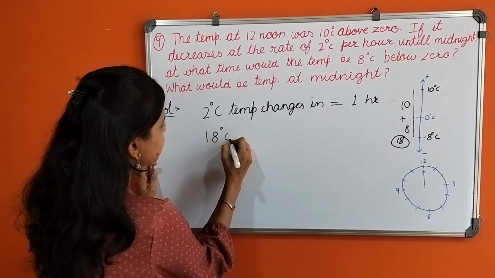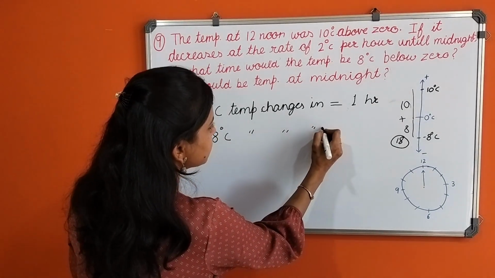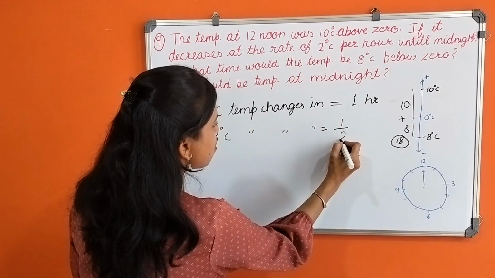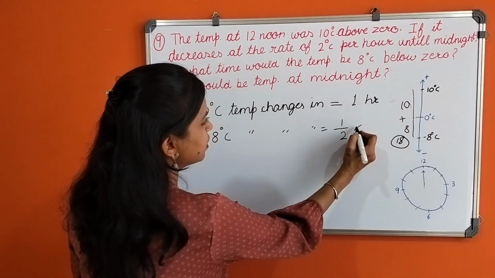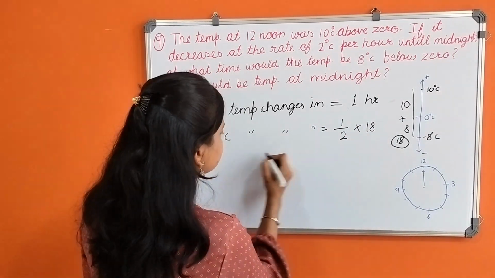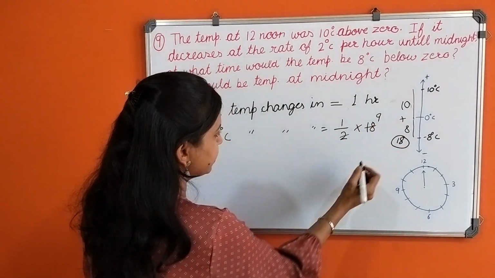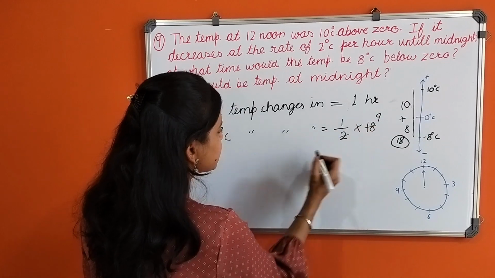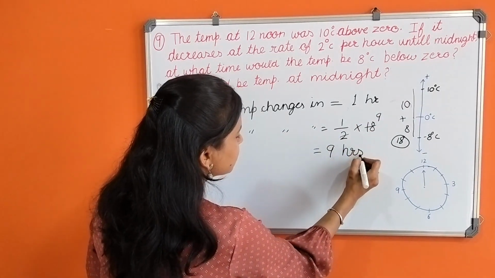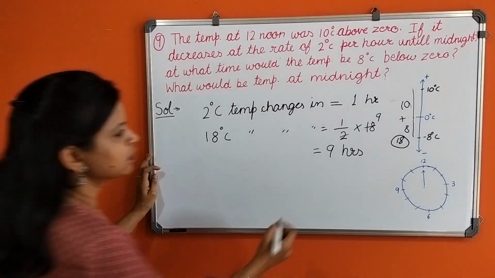So, 18 degree centigrade temperature changes in 1 divided by 2 into 18. Okay, this is 2 9s are 18 and 9 into 1 is 9. So, equal to 9 hours. Okay.